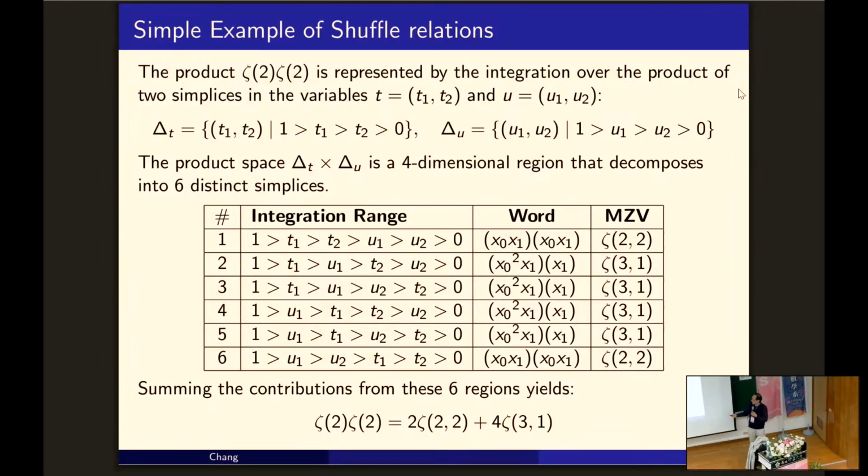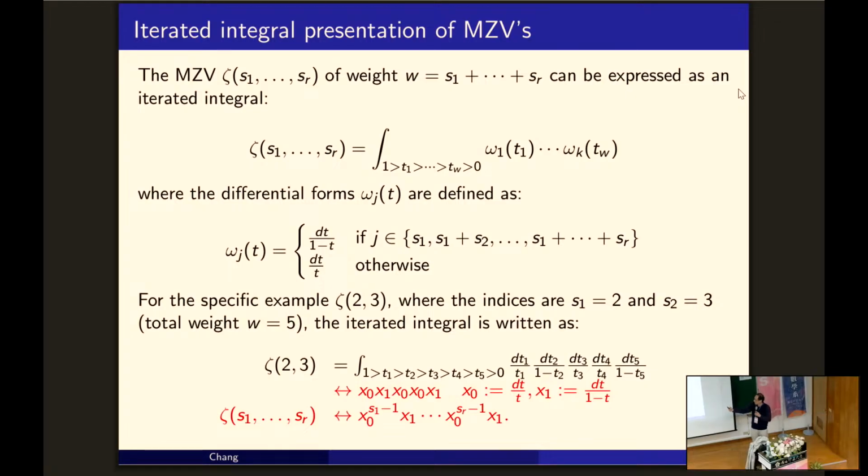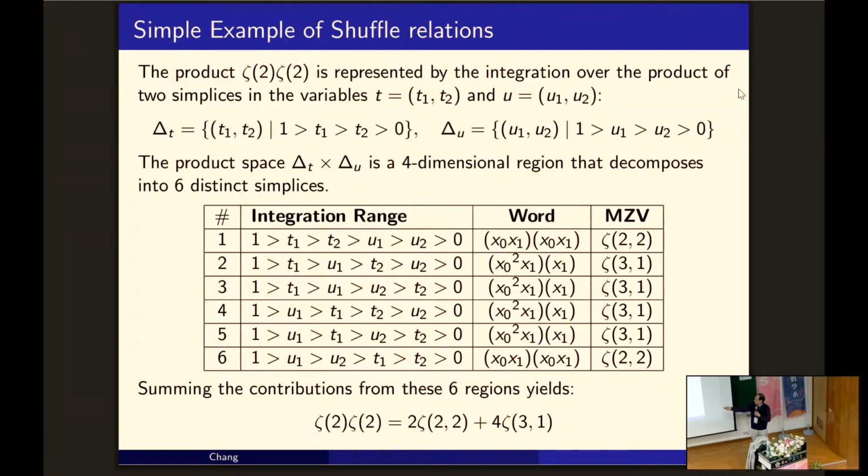Let's look at a simple example, zeta(2) times zeta(2). You write zeta(2) as an iterated integral using this formula, and then we take the product. Each zeta(2) is an iterated integral on a region, and when we take the product, we integrate over a higher-dimensional space.